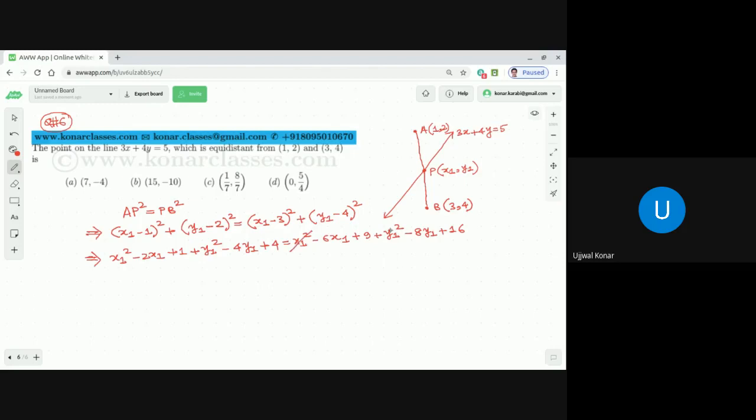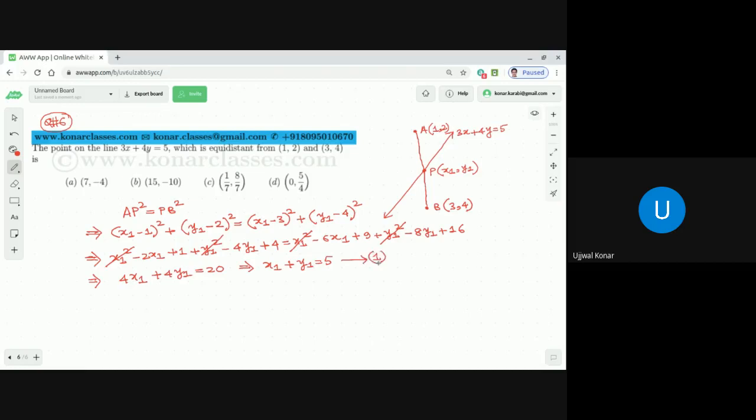So x1 square and y1 square on the left hand side and right hand side get cancelled. Finally what we'll get is 4x1 plus 4y1 is equal to 20. So that implies x1 plus y1 is equal to 5. Let's give this equation number 1.